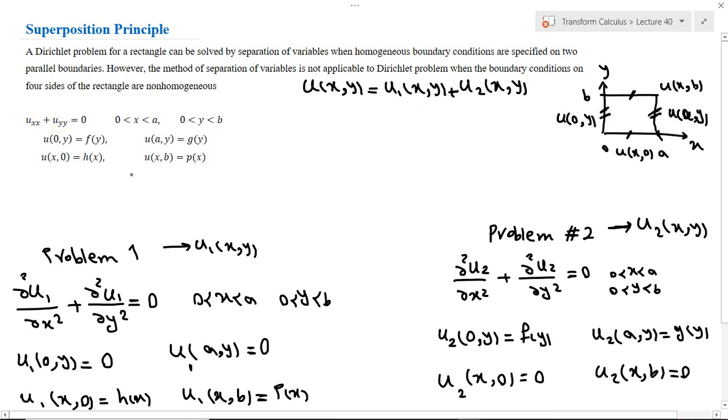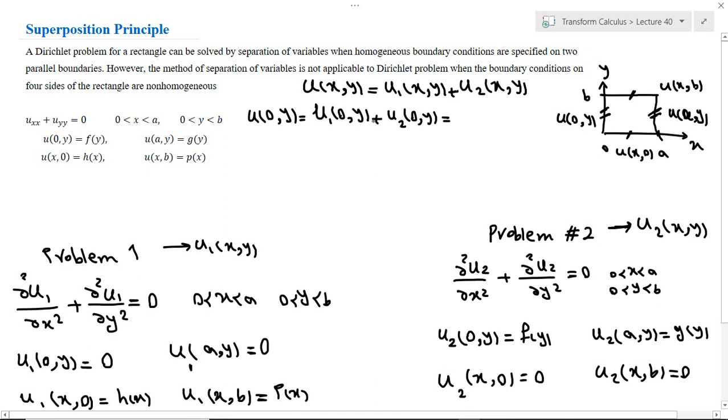Now we want to check if the solution satisfies the boundary conditions of our boundary value problem or not. We start with the first boundary condition. We have u of 0 and y equal to u1 of 0 and y plus u2 of 0 and y.